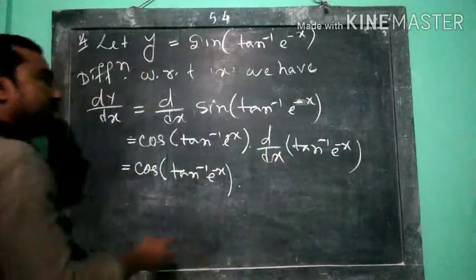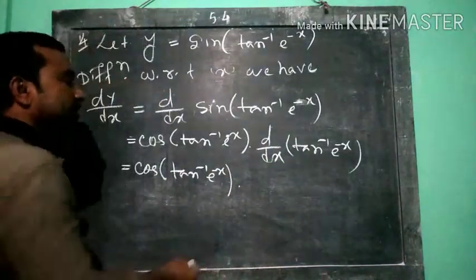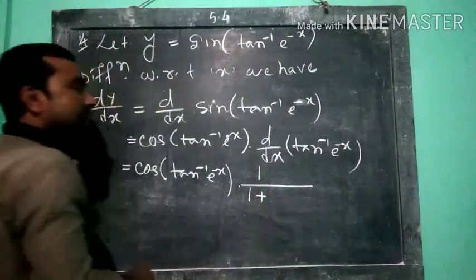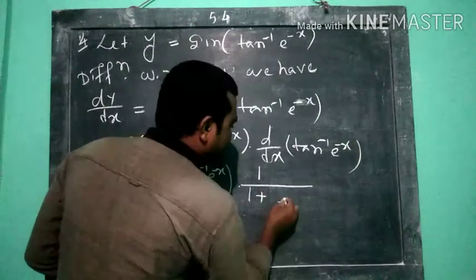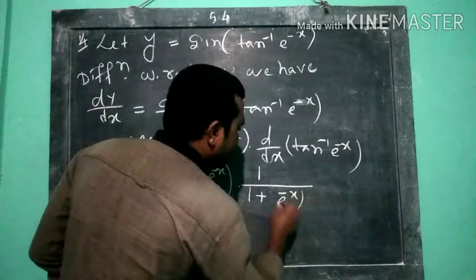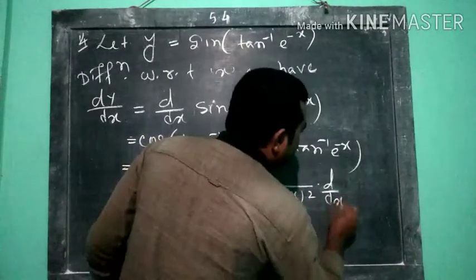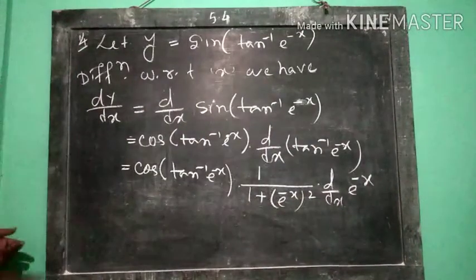So this is equal to cos of tan inverse e to the power minus x, into d/dx of tan inverse of x. We know the formula, d/dx of tan inverse of x is 1 by 1 plus x square. Here x is e to the power minus x, so 1 by 1 plus e to the power minus x whole square, into d/dx of e to the power minus x according to chain rule.